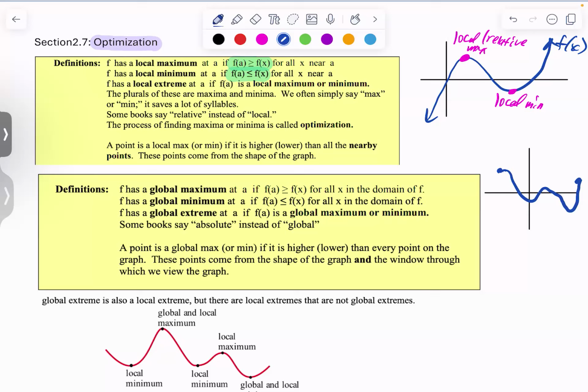And to be clear, this point here is the absolute max, meaning it's the largest y value of all of them, meaning it's the highest. And here we have a local min, pardon me. Here we have a local max right here.